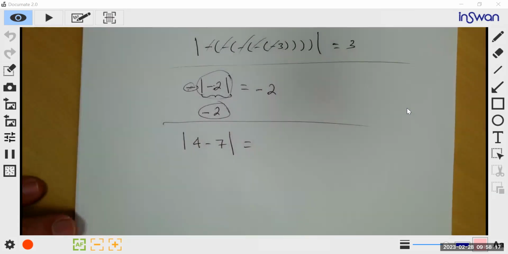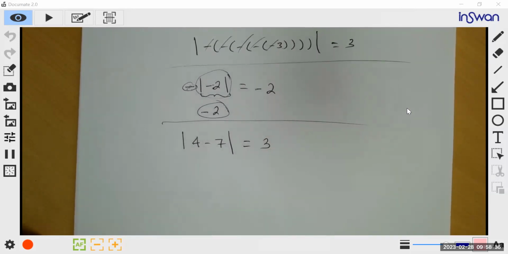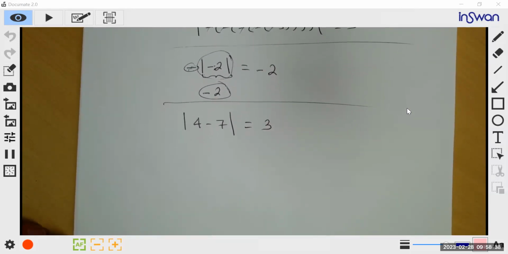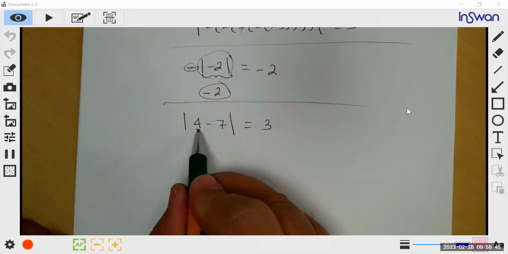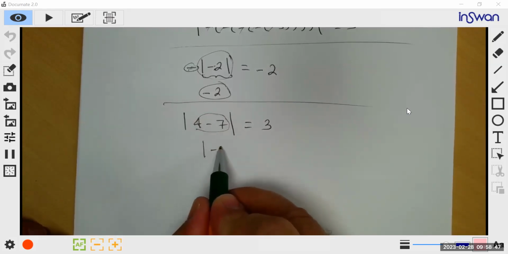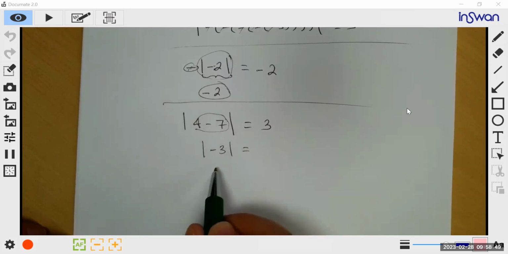How about this one? Absolute value of 4 minus 7. Why is it 3? Very good.